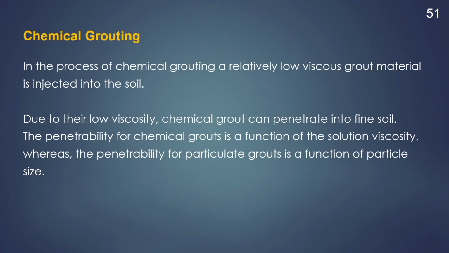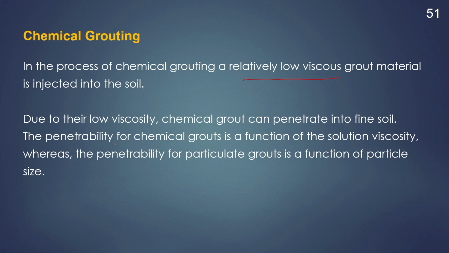Next is chemical grouting. Generally, the other groutings are very thick in nature. Therefore, those grouting materials cannot be used for a fine-grained soil. Chemical grouting is relatively low viscous, such that it can be injected into a soil without any pressure, and due to their low viscosity, chemical grouts can penetrate into fine soil.